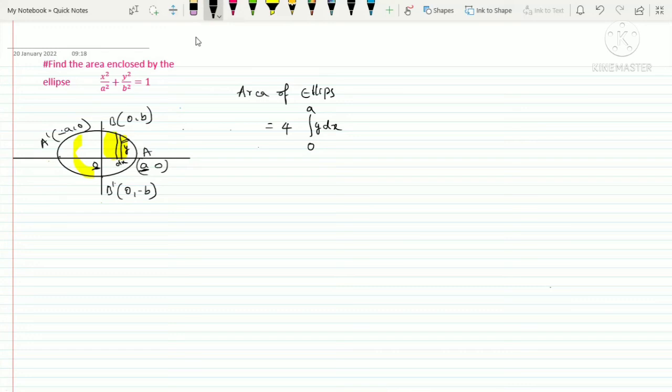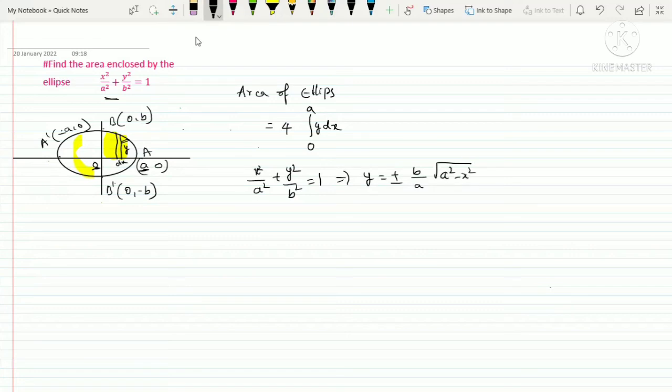Now, what is the y value in this curve? The given curve is x square by a square plus y square by b square is equal to 1. If I simplify, you will get y equal to plus or minus b by a root a square minus x square.